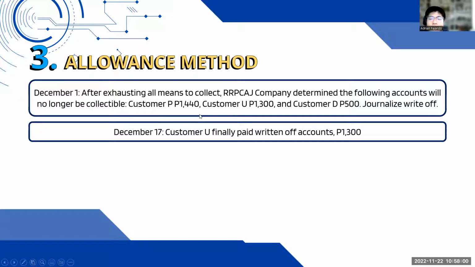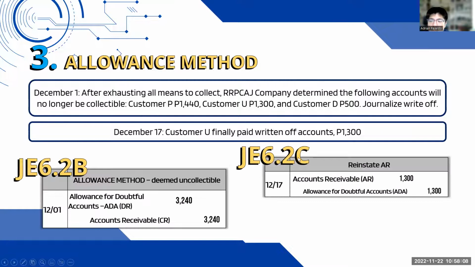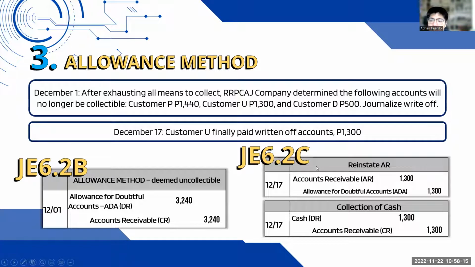And then the last scenario is that after mong ma-deem na uncollectible yung 3 accounts, si customer U pala paid off their written off account of 1,300. So here in the third journal entry, dalawa yung journal entry natin. One is reinstate the AR: debit AR, credit ADA of 1,300.